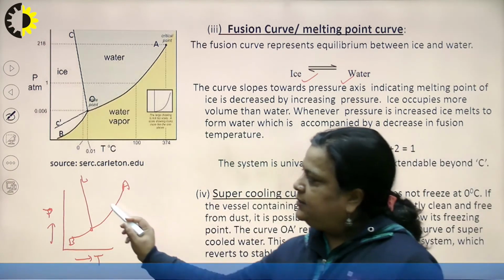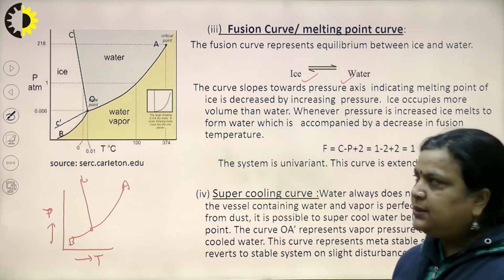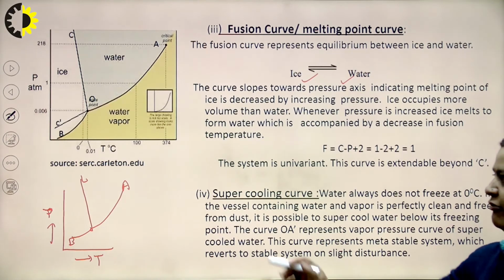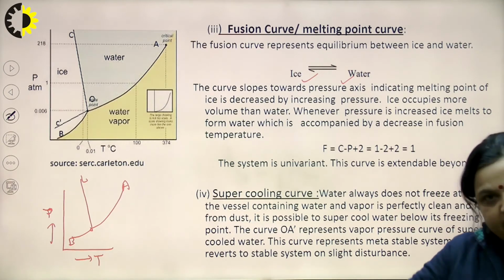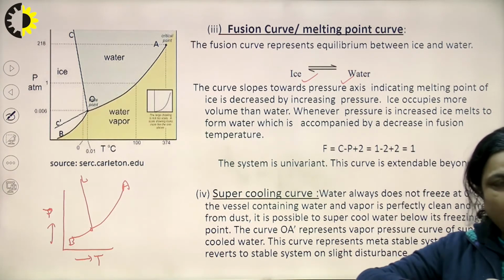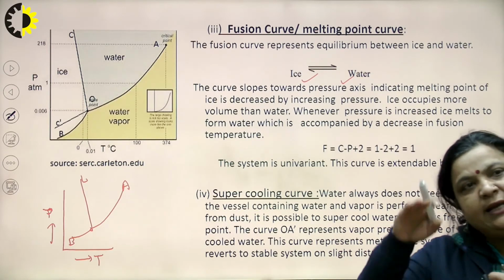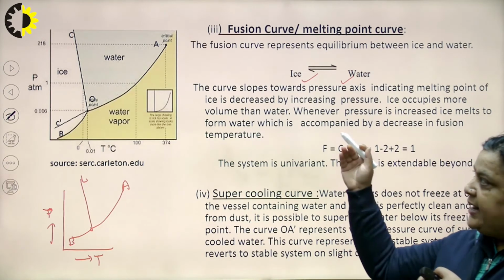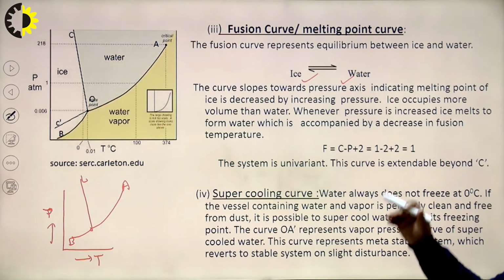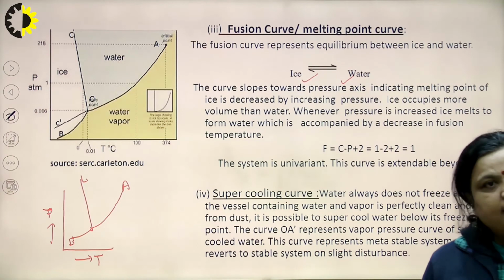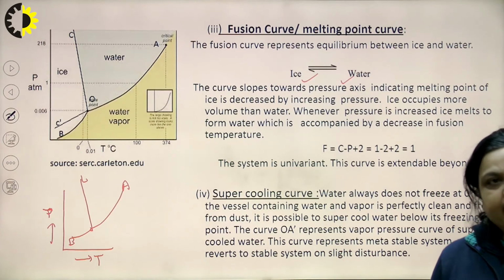This indicates that the melting point of ice decreases with increasing pressure. When we apply pressure on the ice, it melts, that is, its melting point decreases. Ice occupies more volume than water because of its structure, so whenever pressure is increased the ice melts to form water, accompanied by a decrease in fusion temperature.